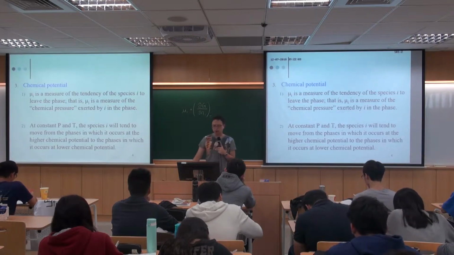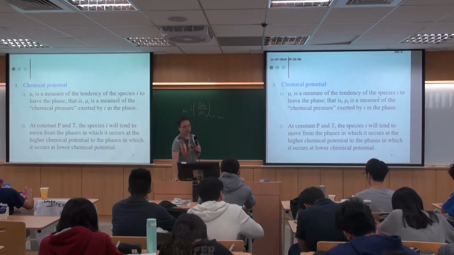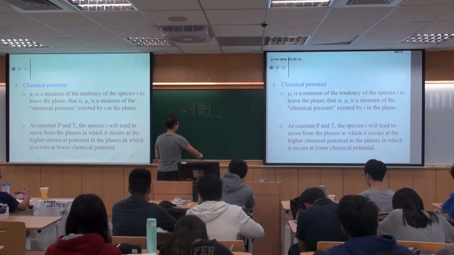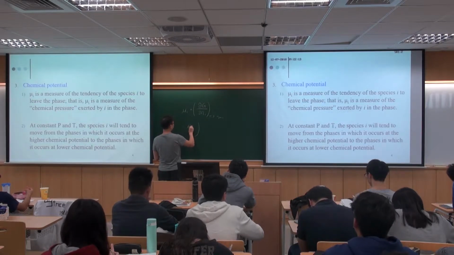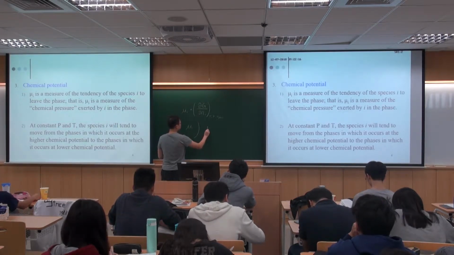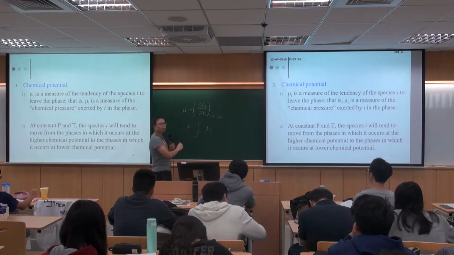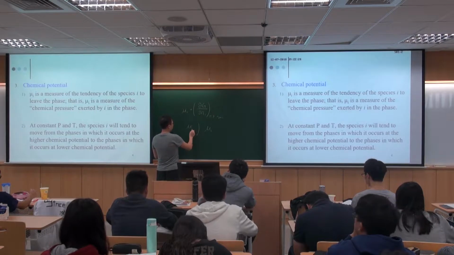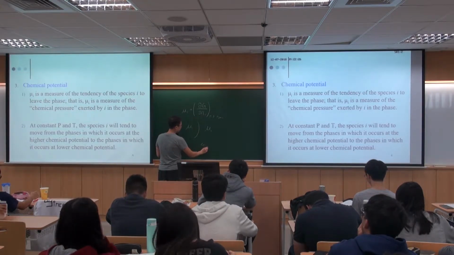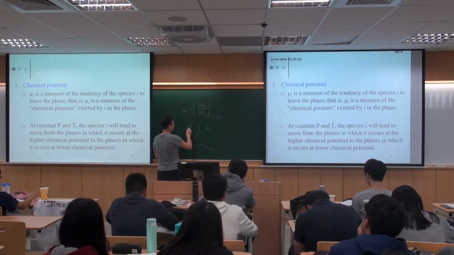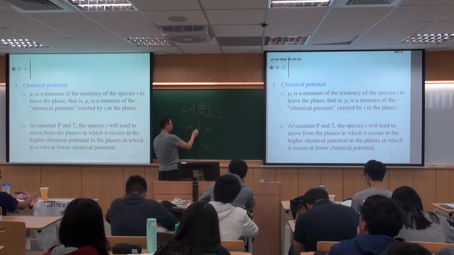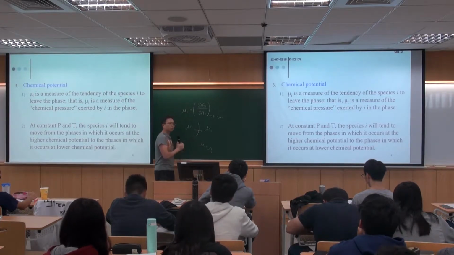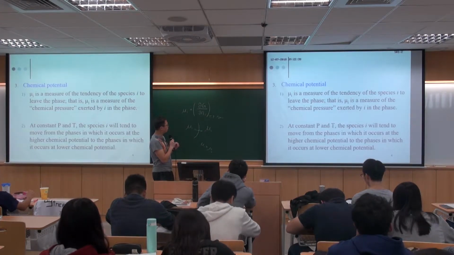Okay. So mu_i is a measure for the tendency of species i to leave the phase. For instance, consider you have two species in your material and it has a certain phase boundary, and if mu_1 is greater than mu_2, then we know that the molecules in species 1 will tend to move to phase 2 or species 2, right?